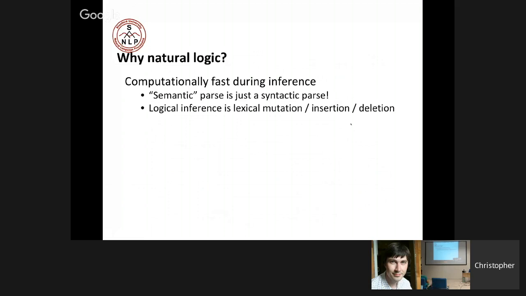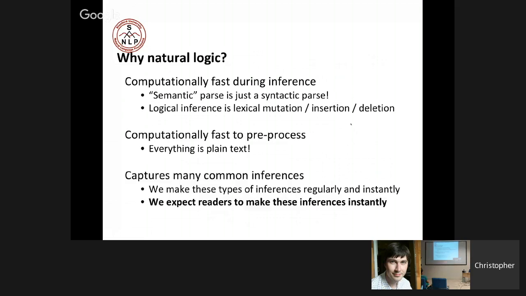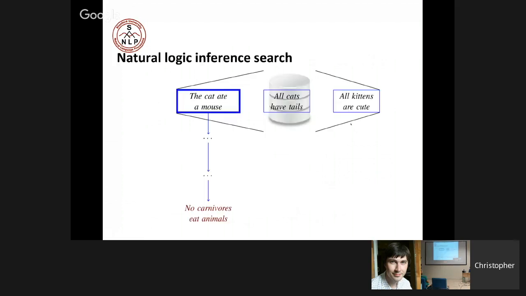And our steps of logical inference are just changing a word, adding or deleting a word. It's computationally fast to pre-process. We're just using plain text. And it's a weak logic. It doesn't allow all of the theorem-proving results of, say, first-order predicate calculus, but actually captures most of the common types of inferences that come up all the time and which human readers can be expected to make instantly.